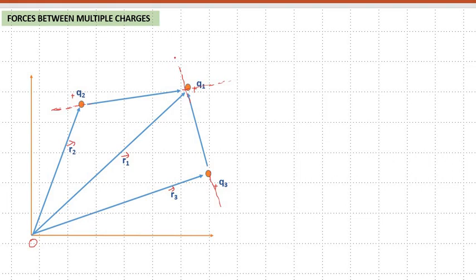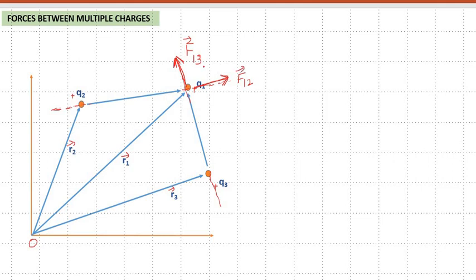So Q3 is going to push Q1 along this direction, and as discussed earlier, this is referred to as force on 1 by 3. In the same way, force on 1 by 2 will be in this direction.